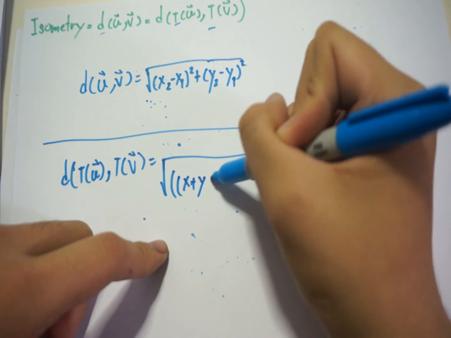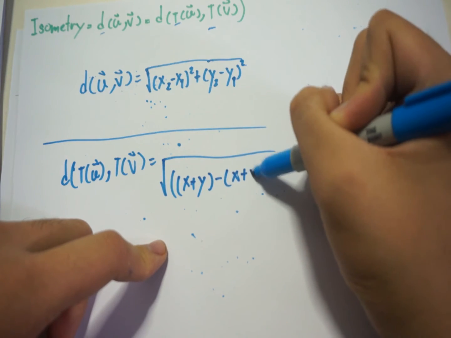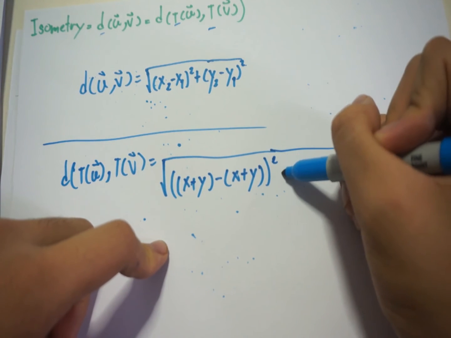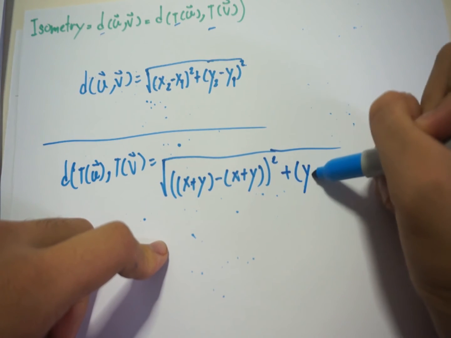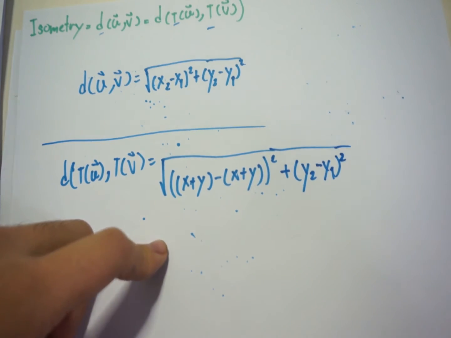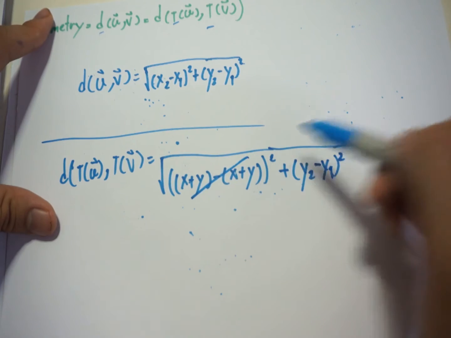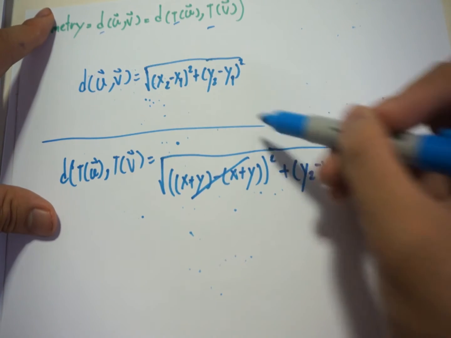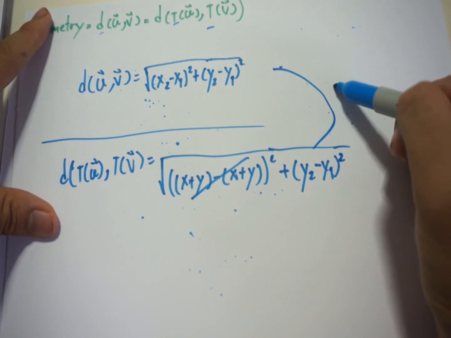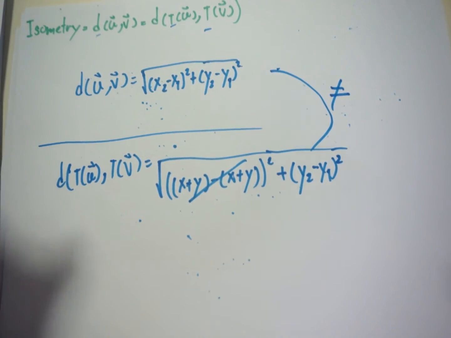Plus y, and then all together in square plus y2 y1 and square. Well, you can see that this is going to cut each other, and then it would not be the same as this one. So we can safely say this question does not have isometry.